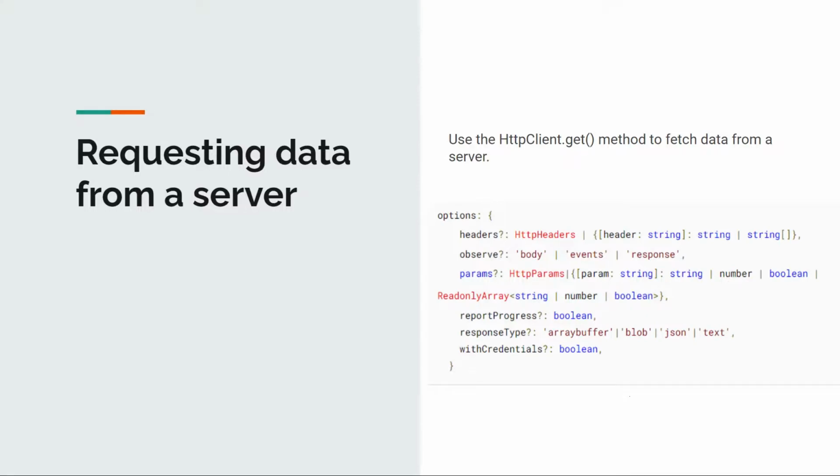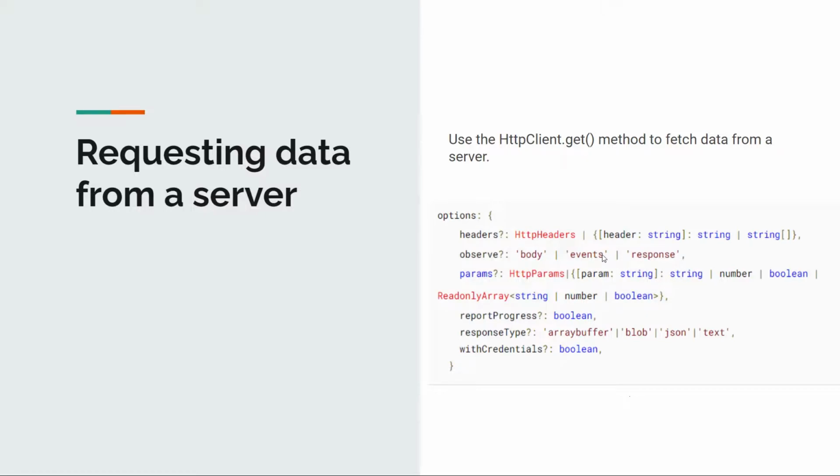For example, if you want only the body of the backend service response, you can mention it as body. The body is the default value. If you want the full response returned from the backend, you can use the option called response as the observe type.